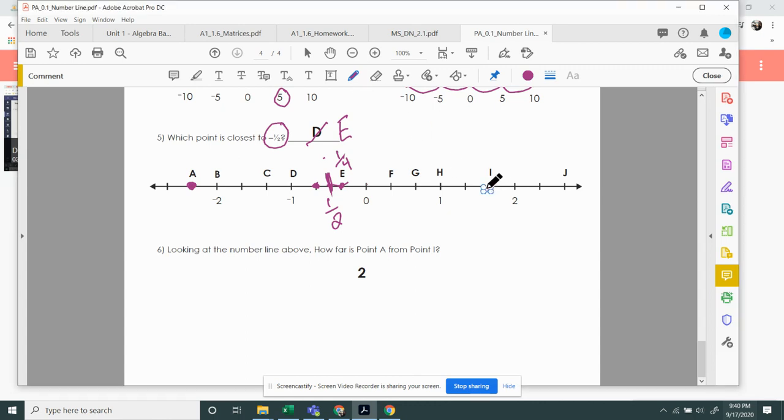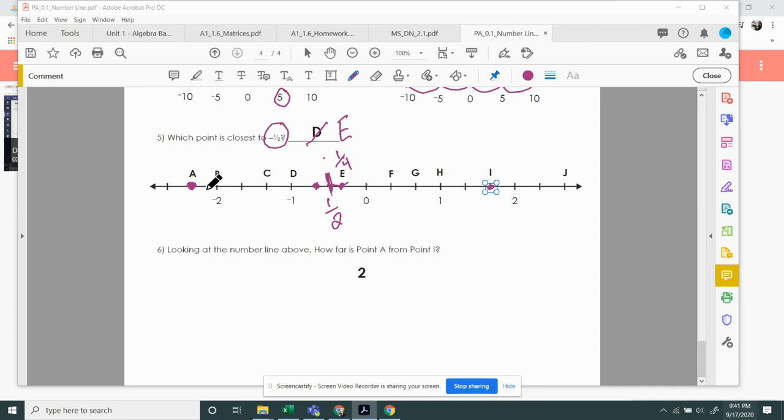So here's I. Clean it up. Okay. Try that again. Here's I. All right. So looking at the number line above, how far is point A from point I?